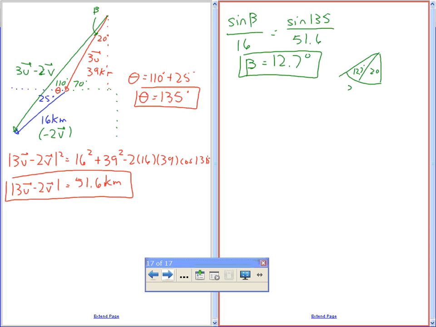So overall that's 32.7. So therefore, 3u minus 2v equals 51.6 kilometers, south 32.7 degrees west.